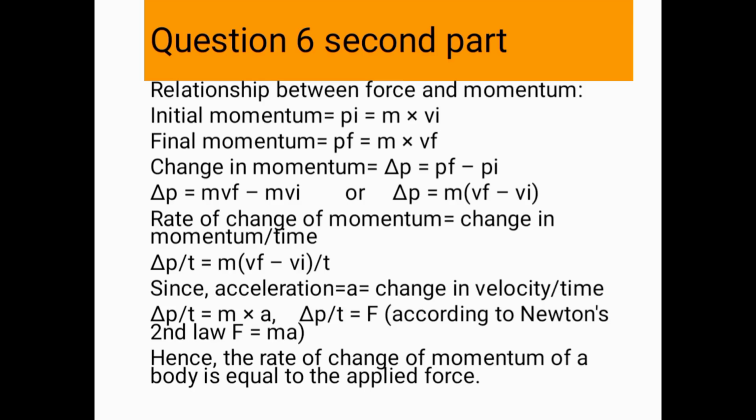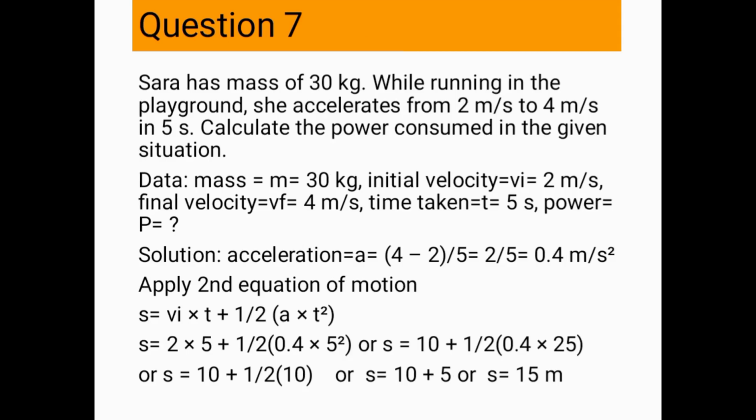Rate of change of momentum equals change in momentum over time, Δp/t equals m(vf minus vi)/t. Since acceleration a equals change in velocity over time, Δp/t equals m times a, Δp/t equals F. According to Newton's second law, F equals ma. Hence, the rate of change of momentum of a body is equal to the applied force.